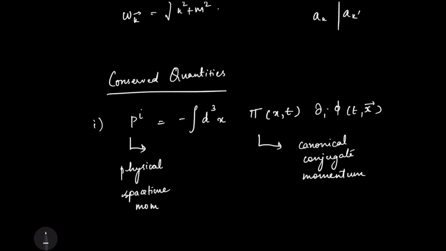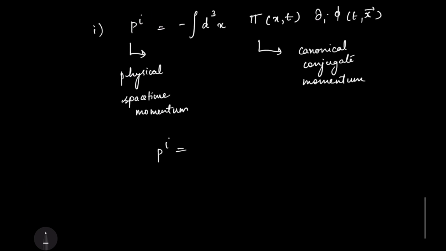Okay, so you can simplify this expression. So you will get P is equal to integral d cube k by 2 pi cube k a k dagger a k.